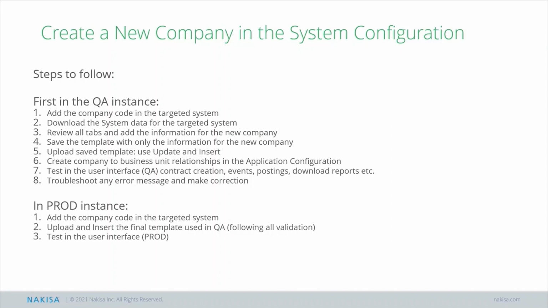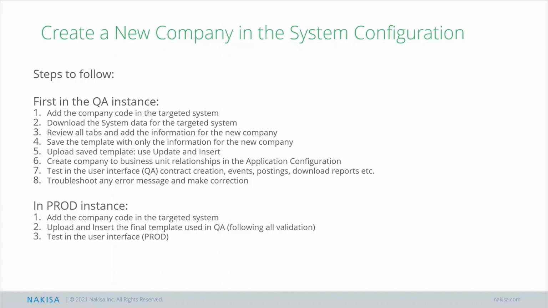Once everything is filled in, you can upload the information, but you also need to look into your organizational structure and see if you need to link the company to business units. Then once you have the information uploaded, you can perform the test.